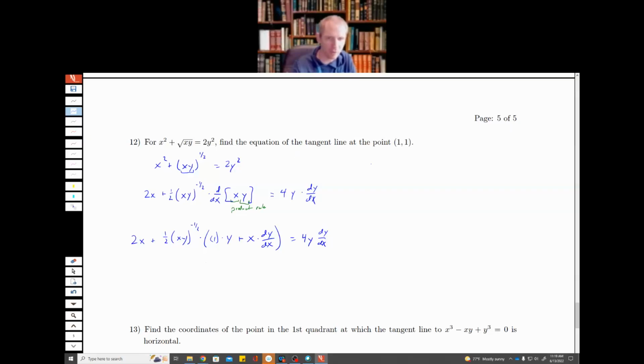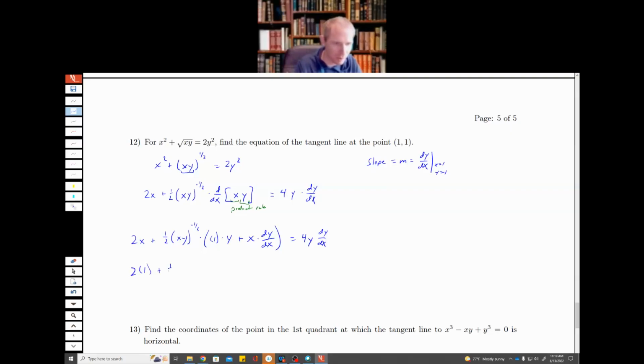Okay. In this problem, though, I don't need a formula for dy dx. What I need is a slope of the tangent line. And the slope of the tangent line is just dy dx when I've plugged in x is 1 and y is 1. So what I'm going to do is, at this equation, I'm going to plug in x is 1 and y is 1, and then my dy dx is going to be the slope of the tangent line.